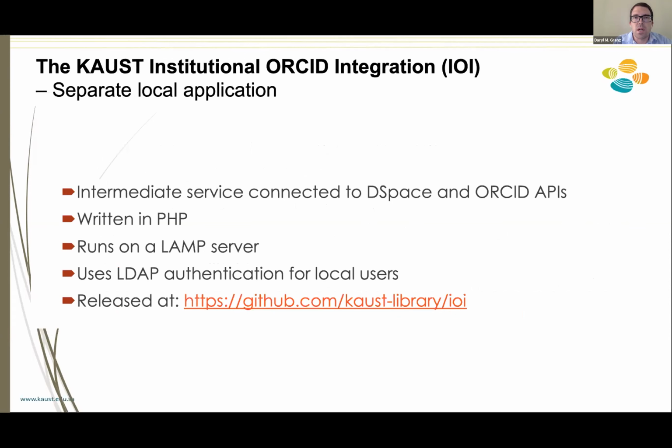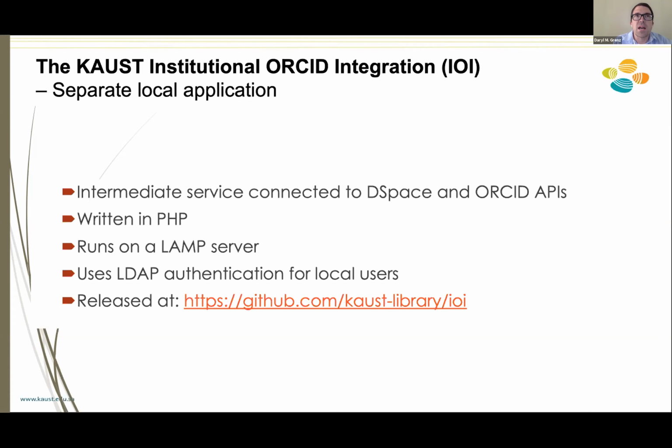Then mostly what I'll talk about is this separate tool that we have developed that we run, which we call our institutional ORCID integration. It's kind of an intermediary between DSpace and ORCID. It has a lot of local features that are helpful for communicating with users and for knowing how many people in the institution are using ORCID, things like that.